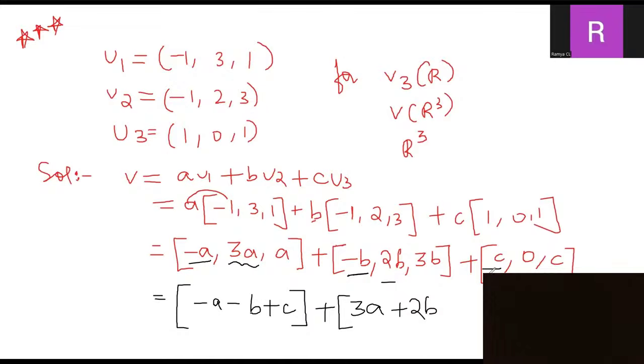Next, 0 plus 0, so you don't need to write that. Plus next, what is that, children? Next will be A plus 3B plus C. Very good.